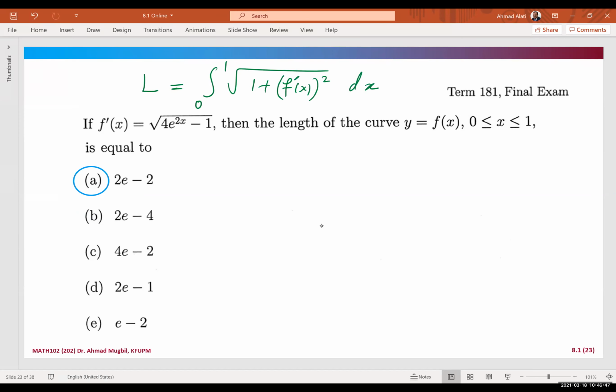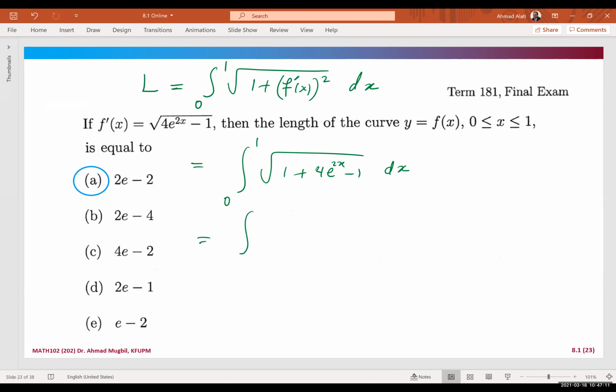It is easier because you don't even need to differentiate. What is given is the derivative, not the function. So you square it, and when you square it, the square root will come.